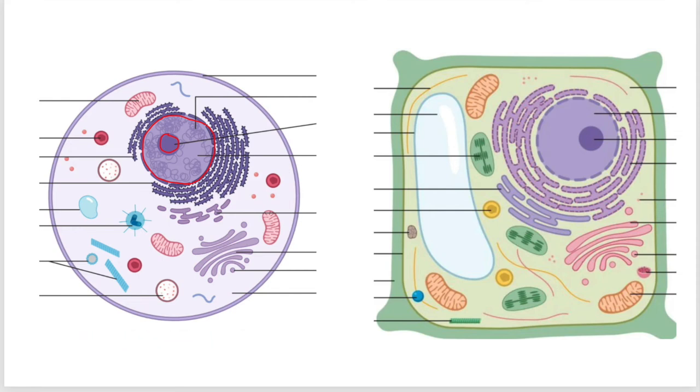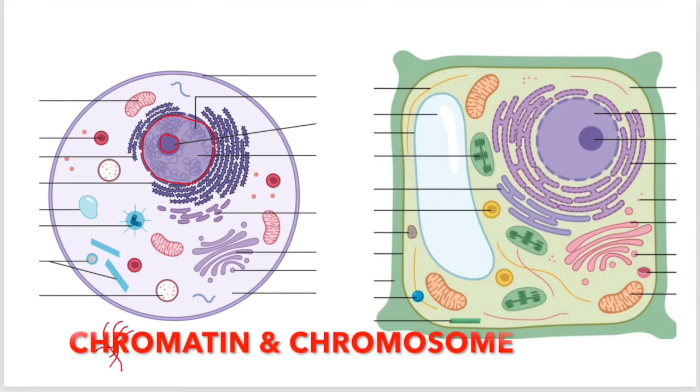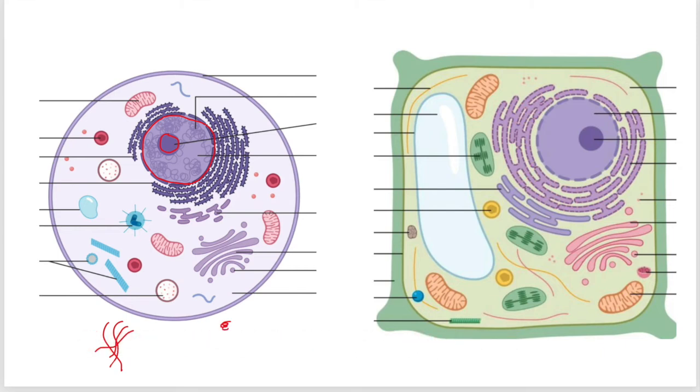Helps in making proteins. And this little thread over here, okay, is the chromatin. It is the loose form of chromosome. So how I remember is that it ends with thin, chromatin, so it's thinner than chromosome. So chromatin is like that, thin thread-like DNA, then chromosome is the condensed version.